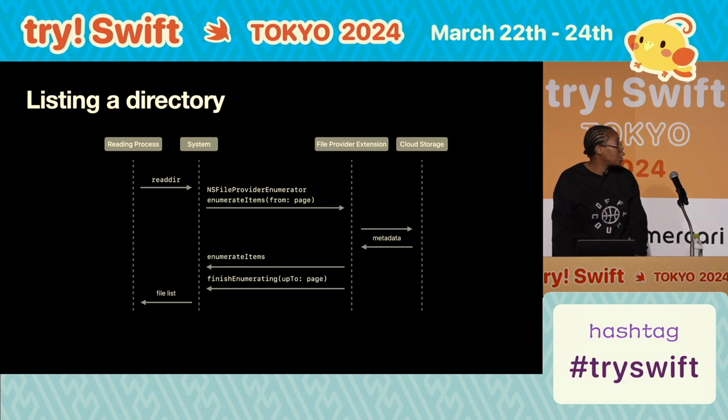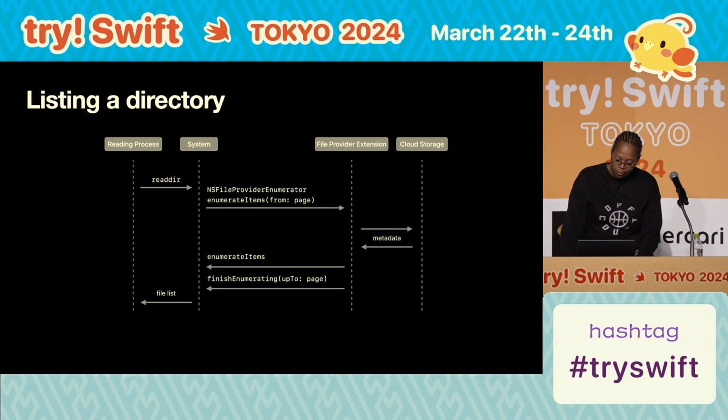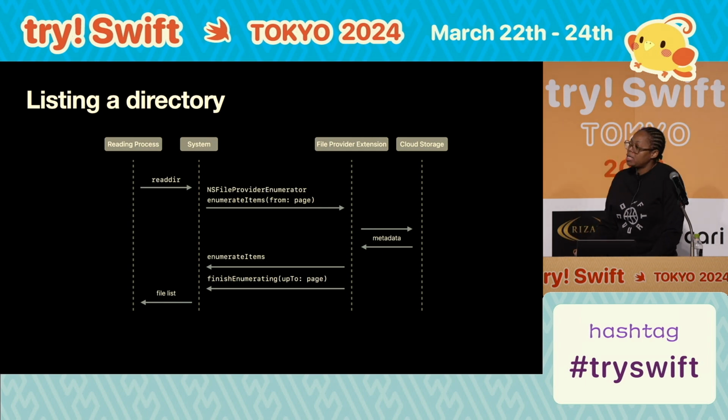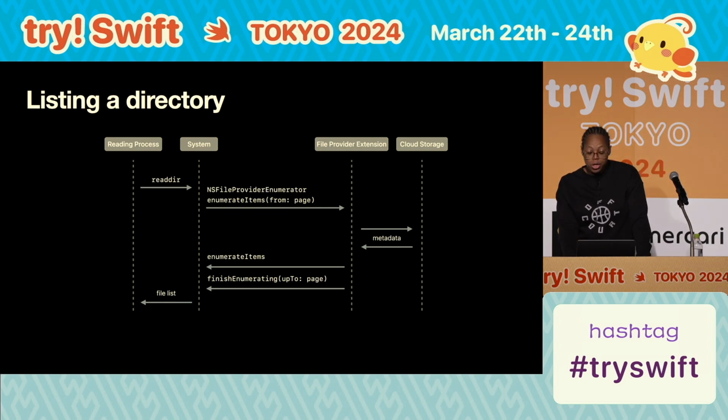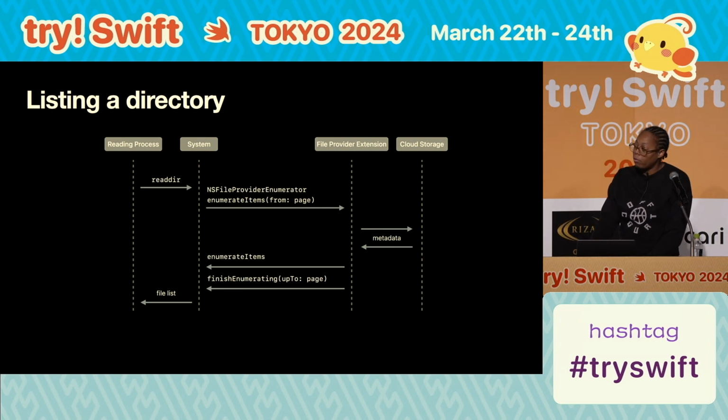Once all the pages have been enumerated, the system will allow the original call to go through, if it was an original call. So like in the file case, once the directory has been enumerated, all the subsequent read calls will use the contents from the disk and will not involve the extension.